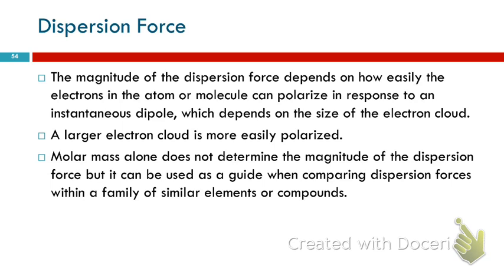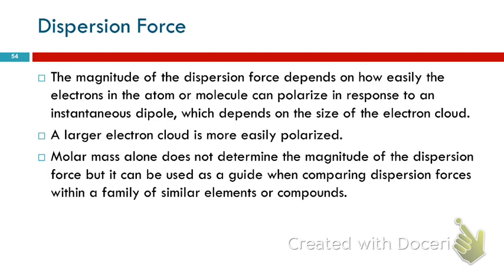So how big that force is depends on how easy it is to get those electrons lopsided, and how easy they can be polarized by a dipole in a neighboring atom. If you have a larger electron cloud, it's easier to get that lopsided than if you have a very small electron cloud.